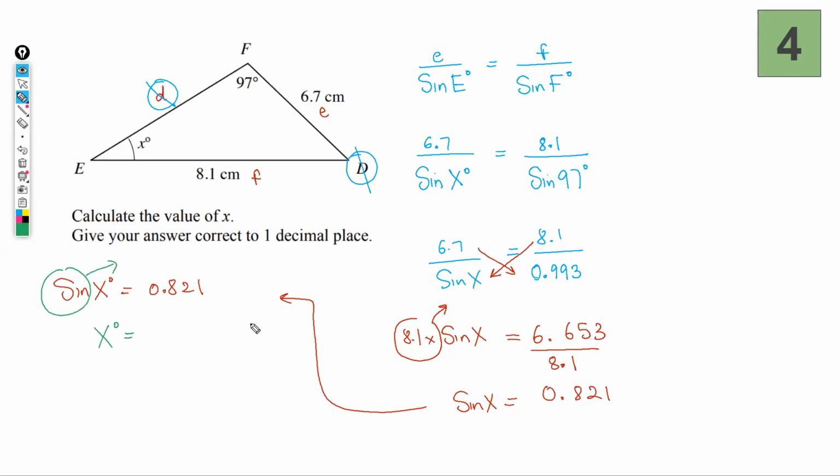A lot of people are getting 4 point something. I'm not too sure why, but try it again. When you sine inverse 0.821, we're going to get roughly 55 point something.